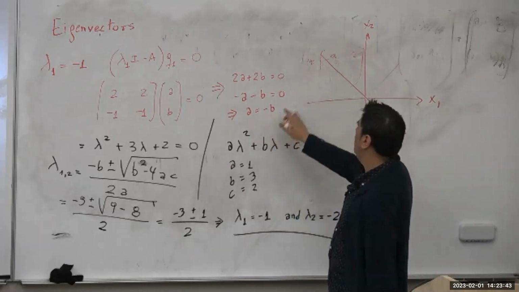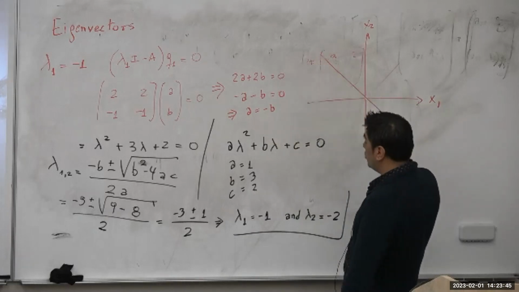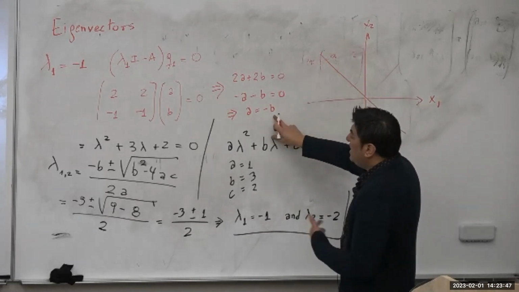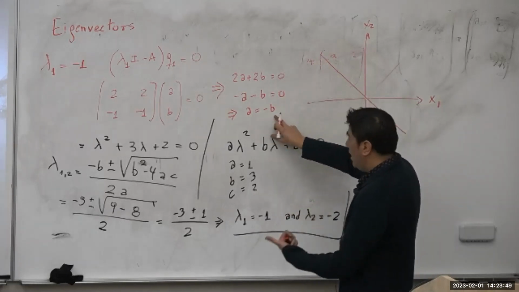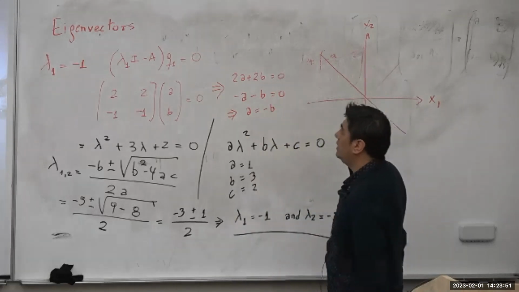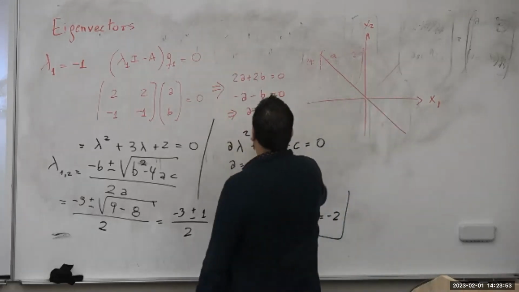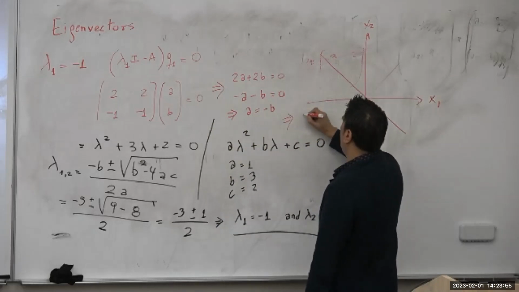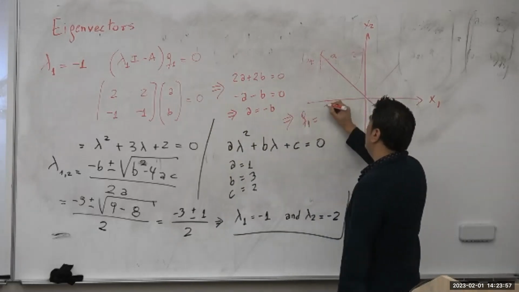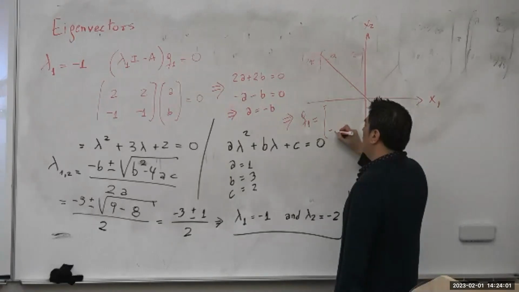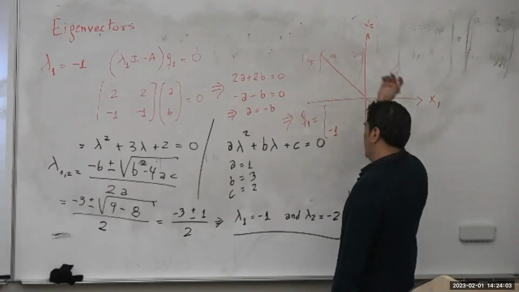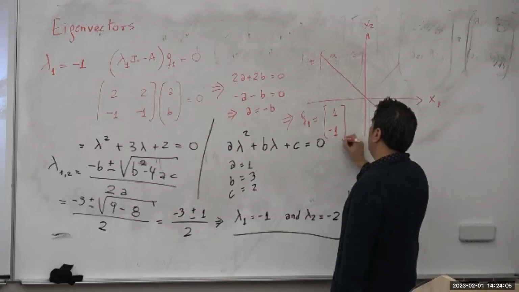Here I can pick, because we're interested in the direction only, B equal to 1, and then A will be -1. So from here, we conclude that the direction can be, let's say B is -1, then A is going to be 1.